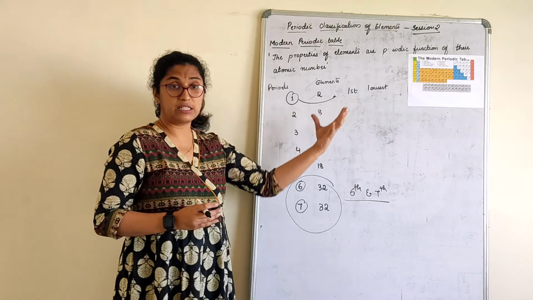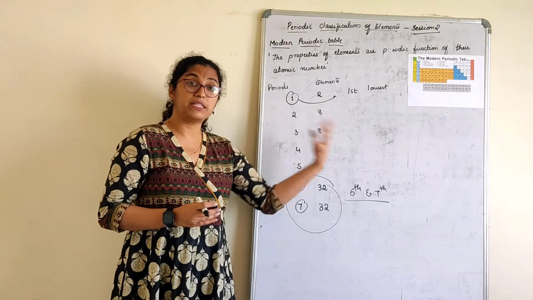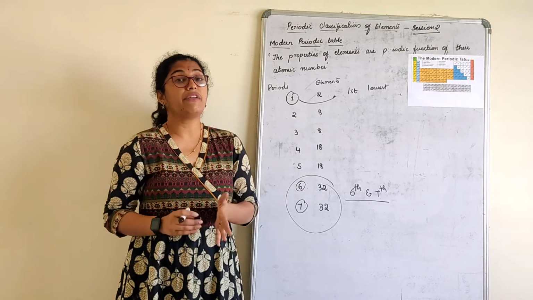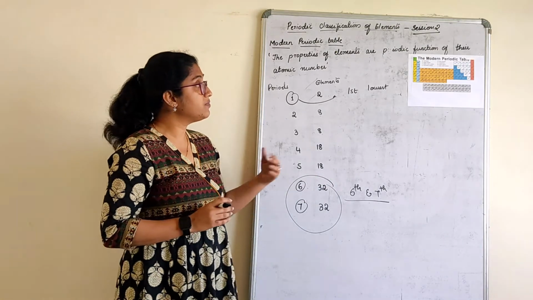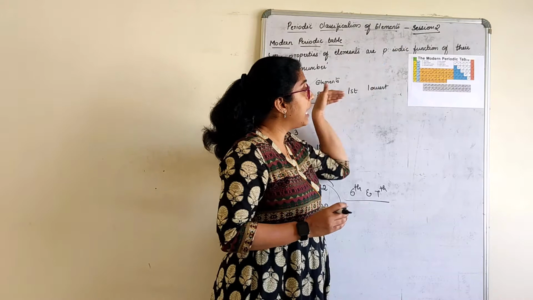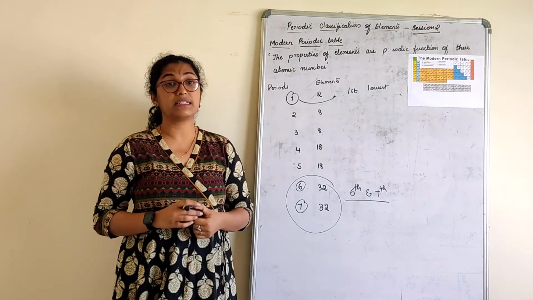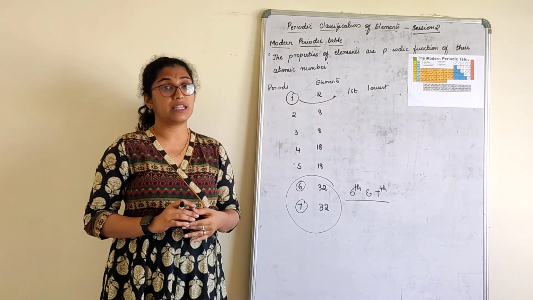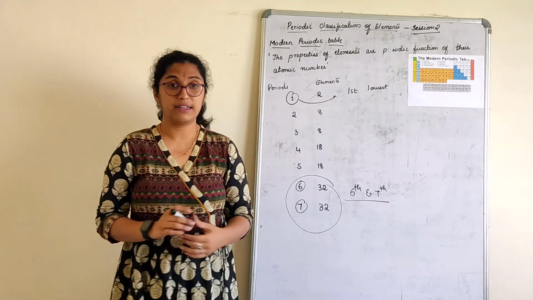What about their shells? Do they increase, decrease? What about the basic property or their metallic property, non-metallic property? What will happen to these elements as we go down the group and across the period? Let us understand, and that's the most important thing. Many give-reasons questions are asked on this.